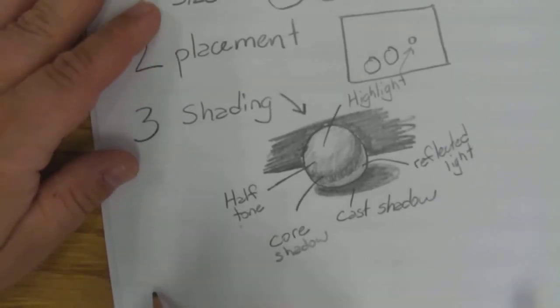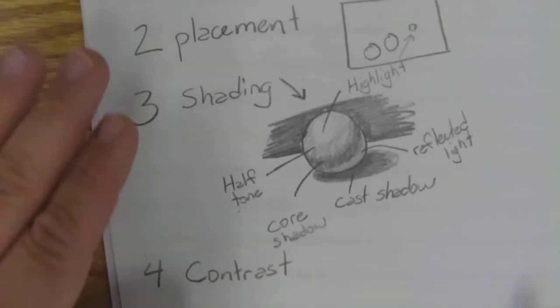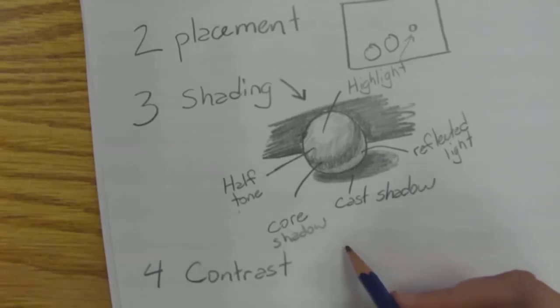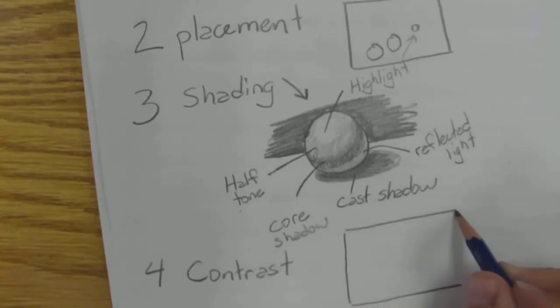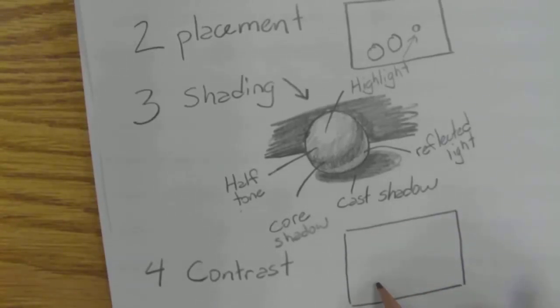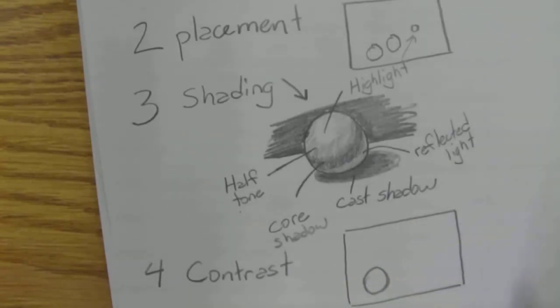Number 4 is contrast. When you are looking at an object that is close to you, the shadows actually appear much darker. Let's say here's my picture plane, and I'm going to draw this sphere again, a little bit bigger, down towards the bottom of the picture.